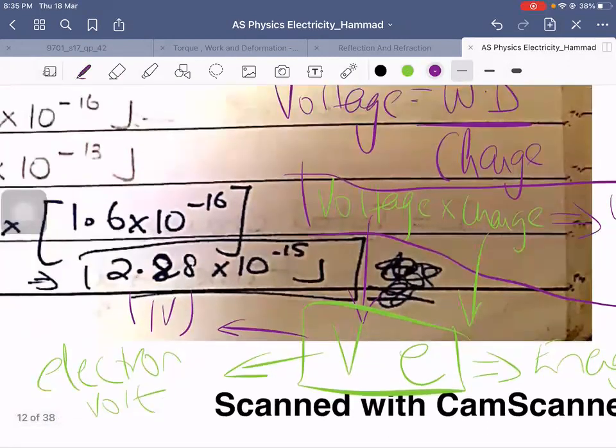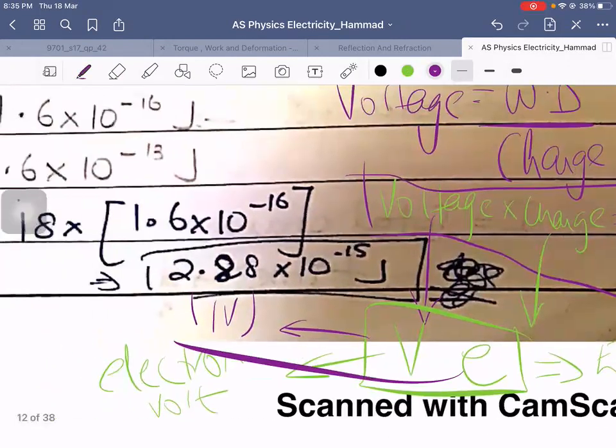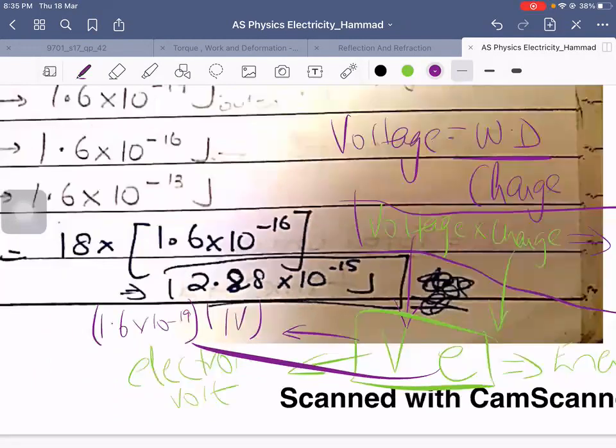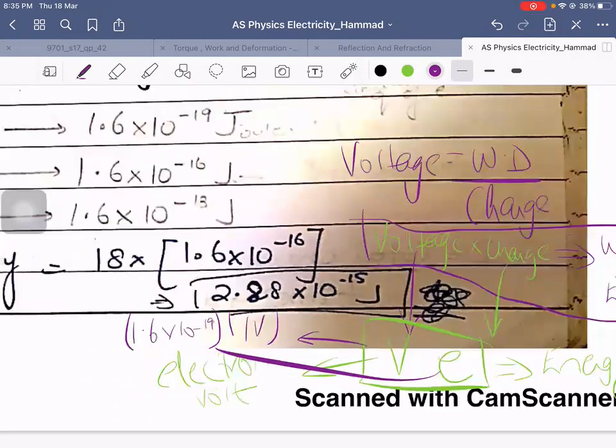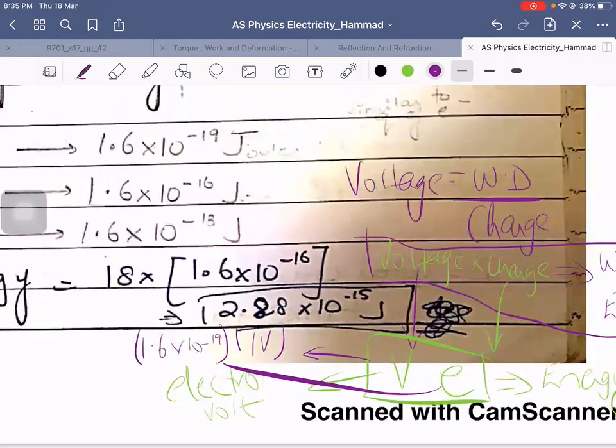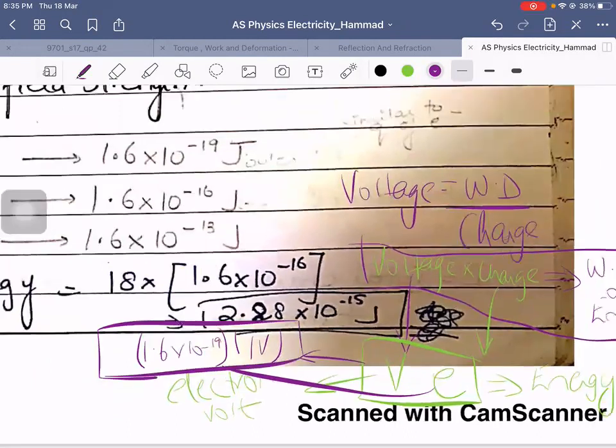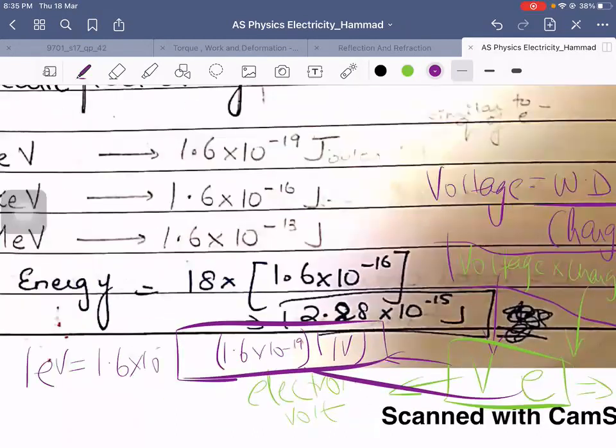Electron has a charge of 1.6 into 10 to the power of minus 19 coulombs. I can work out from here that 1 eV is equals to 1.6 into 10 to the power of minus 19 joules.